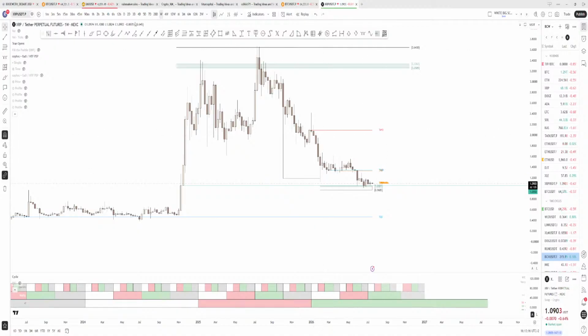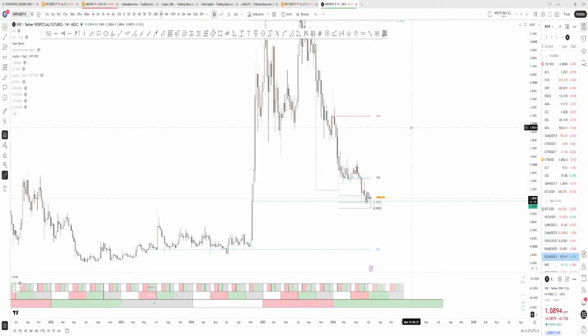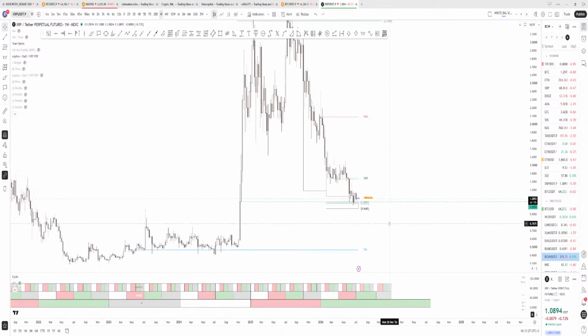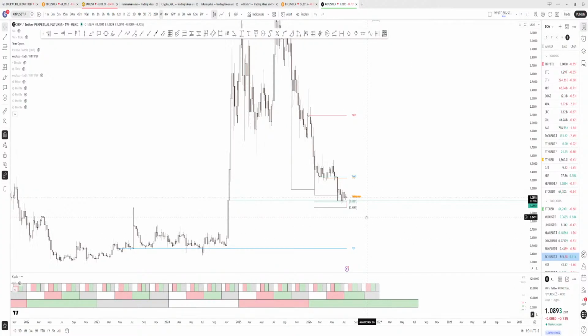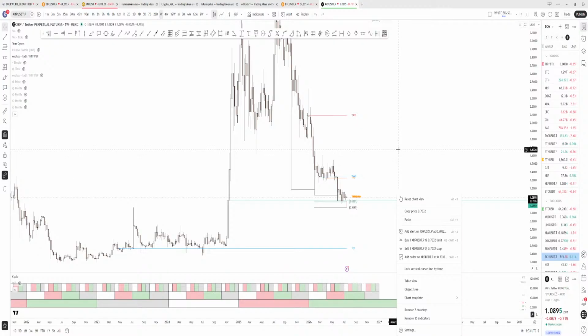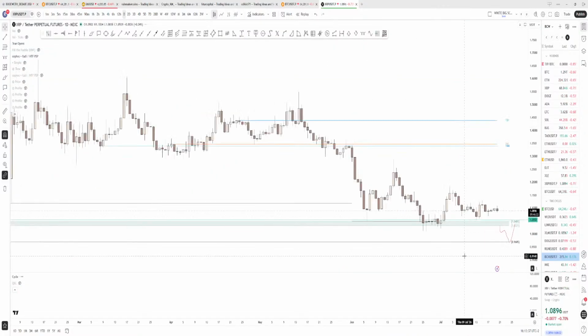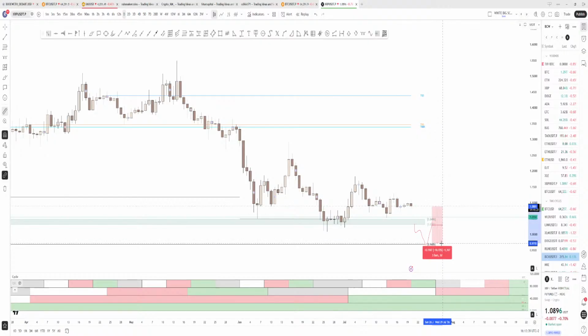It failed to close below here, failed to close below here, failed to close below here. So from the point of reversals, this should be the reversal area. If not, then we are looking at a potential 50% drop, or this small fill here before we run it up.